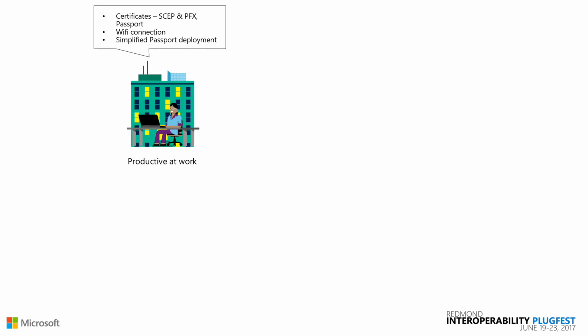So once I have my device enrolled, here's generally what the MDM lifecycle looks like. To start, I need to be productive at work. So the MDM stack pushes down things like Wi-Fi, PIN policies, and certificates, and this is pretty much right after I enroll my device and have it set up.